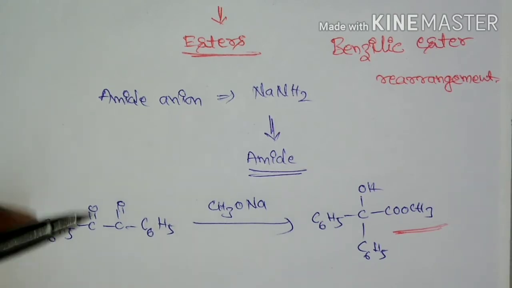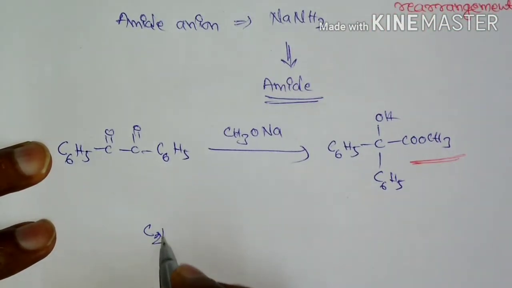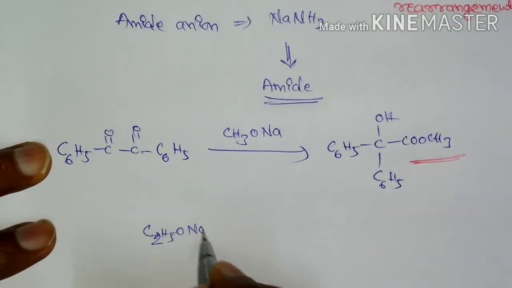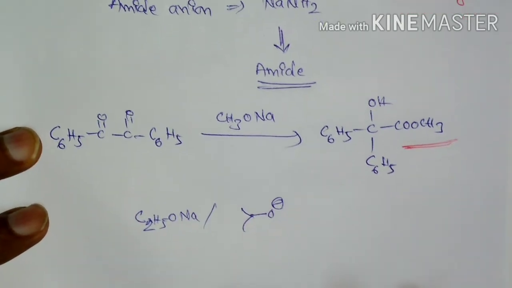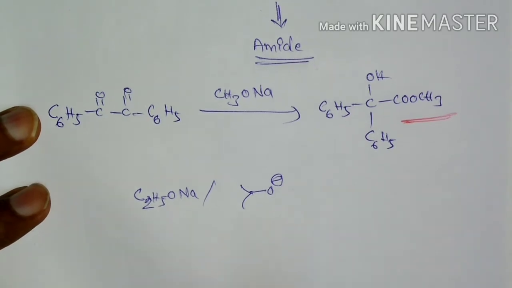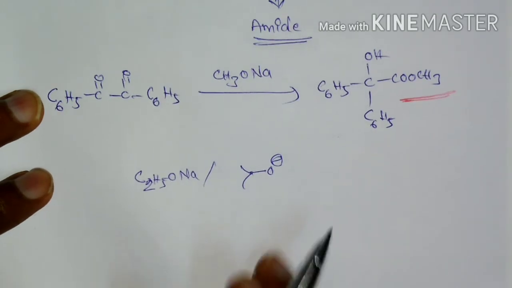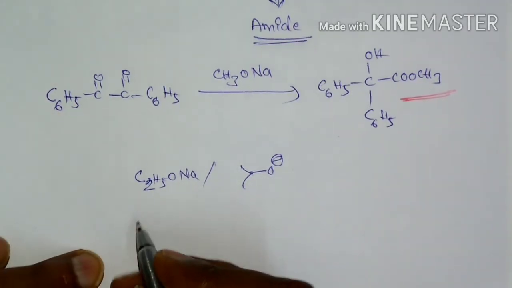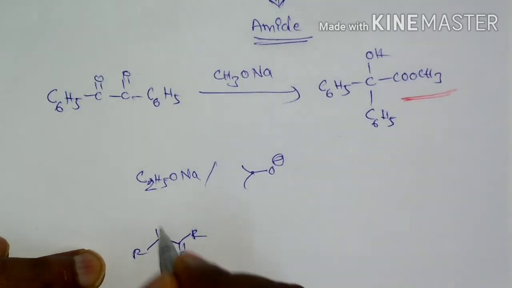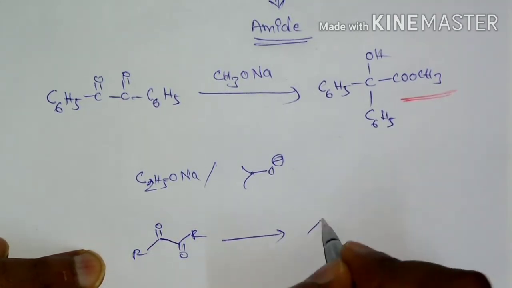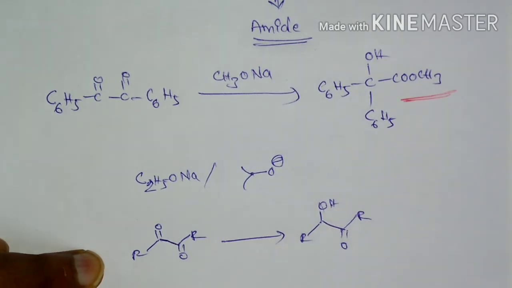Why? Because whatever sodium methoxide, isopropoxide or amide anion we use, instead of showing this rearrangement, it is going to reduce them to the corresponding alpha hydroxy ketone.